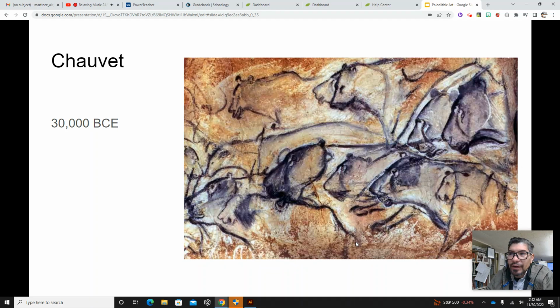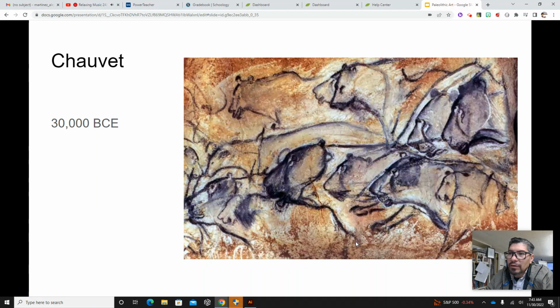There's a lot of new findings by archaeologists that contest that, but the stuff that we have most photographs and most evidence of are these cave paintings. So Chauvet is in France, and these caves have these beautiful drawings that have been studied.